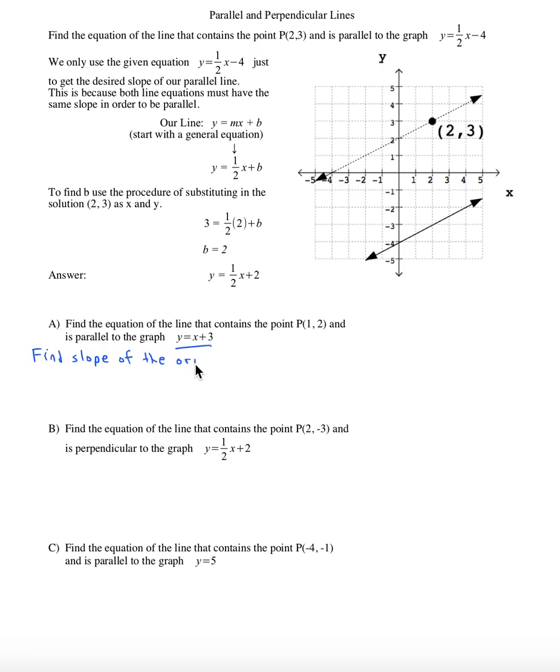We need our own line whose slope just needs to match that. So what is their line's slope? m equals 1.